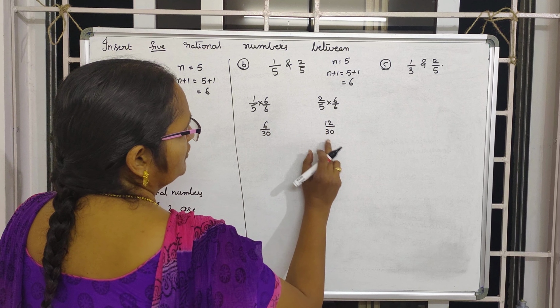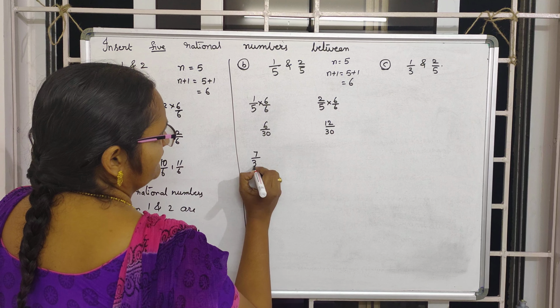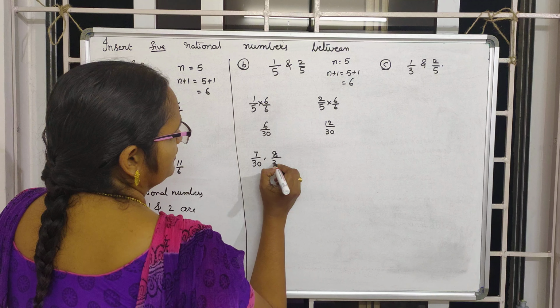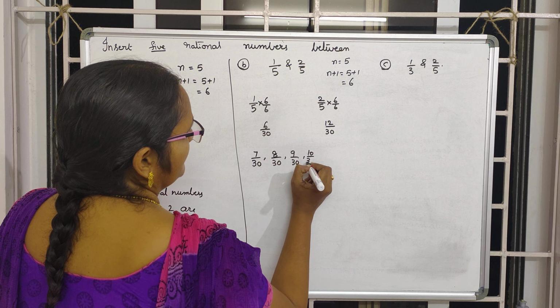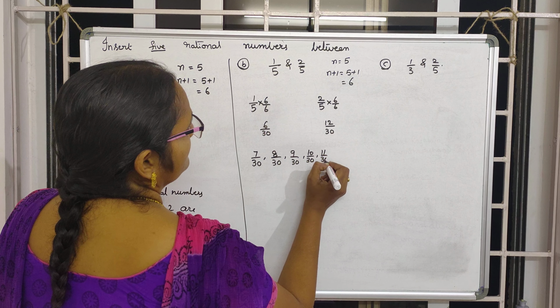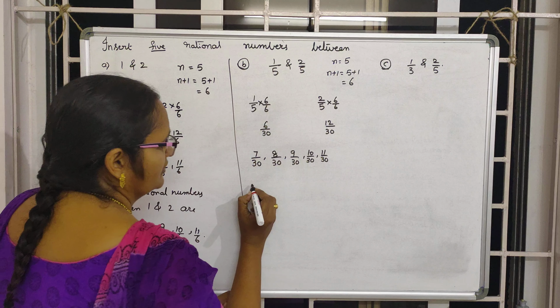In between 6 upon 30 and 12 upon 30, there is 7 upon 30, 8 upon 30, 9 upon 30, 10 upon 30 and 11 upon 30, and 12 upon 30 is already given.